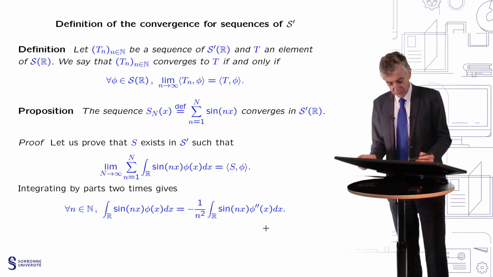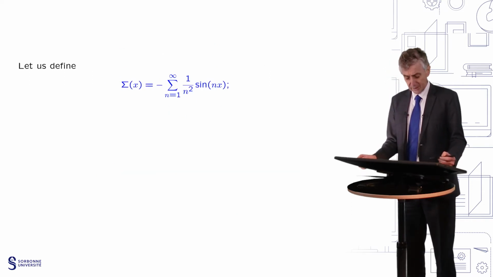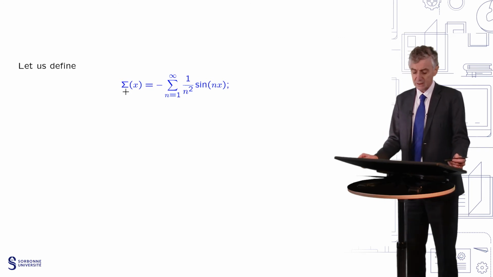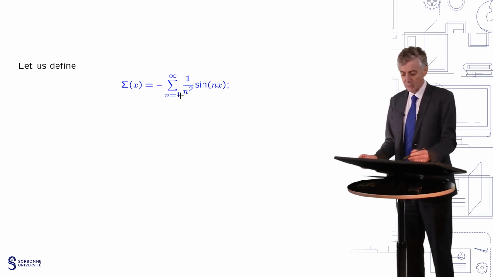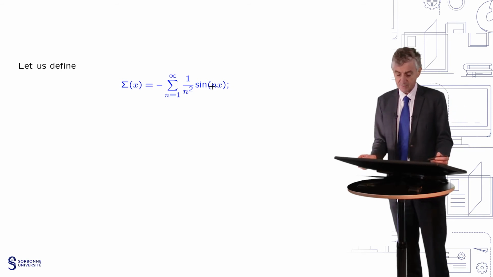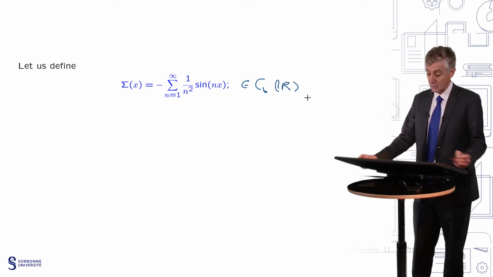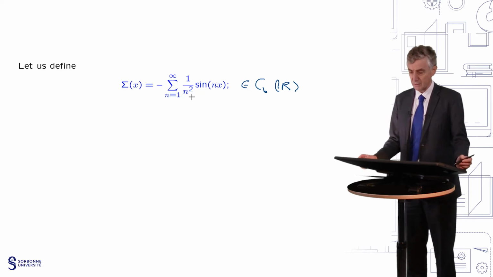Once we have this, we see here we have some decay. So let us define this function sigma of x. This is the sum for n equal 1 to infinity of 1 over n squared sin(nx). This is a continuous bounded function on R because it's a normally convergent series.